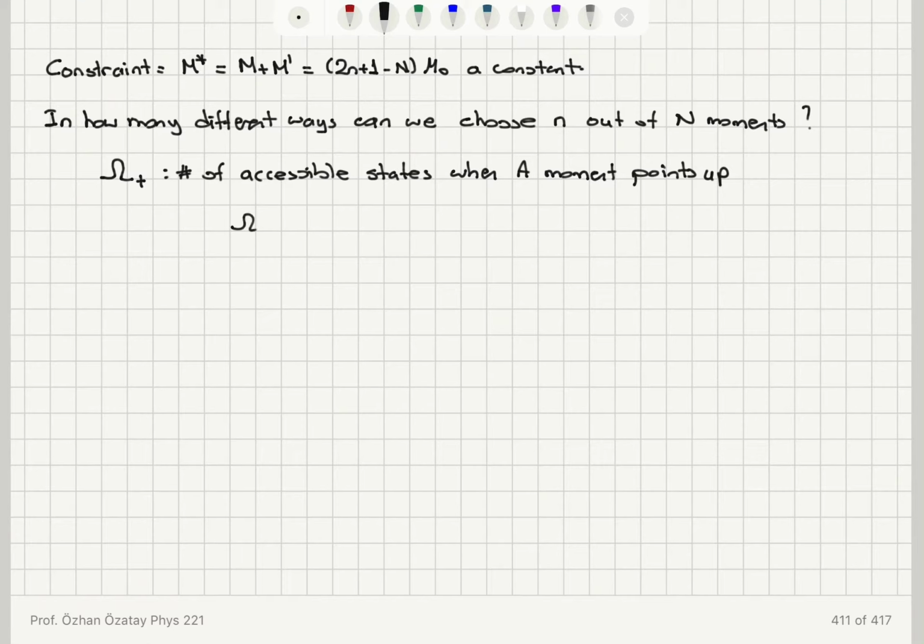So this is going to be equal to the combinations of capital N moments taken n at a time. So this will be equal to capital N factorial over n factorial times (capital N minus n) factorial. So that's the answer I'm looking for.